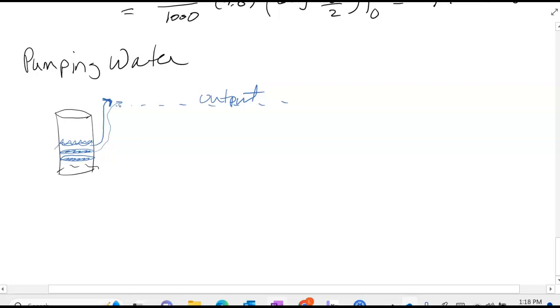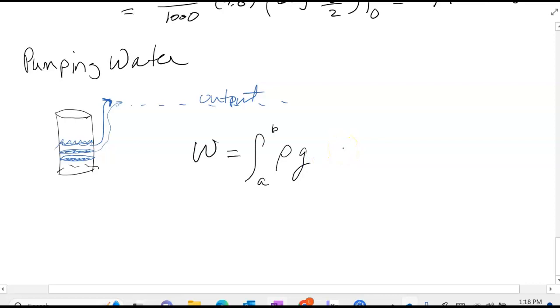And we're going to try to calculate the work that it requires to make this move. So the work formula itself is pretty much the same. We'll talk about each of these pieces in a minute.